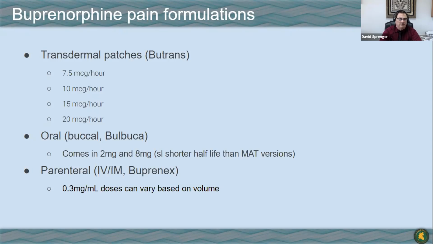It's recently become available, and it comes in 2 and 8 milligram strips, and instead of putting it underneath the tongue, it goes on the side of the cheek. One of the important things about this one is that it has a slightly shorter half-life than some of the formulations that we use for MAT, so it is maybe a little bit better for pain, and we'll talk about that a little bit later. And then there are parenteral formulations of buprenorphine that are used primarily in the hospital.